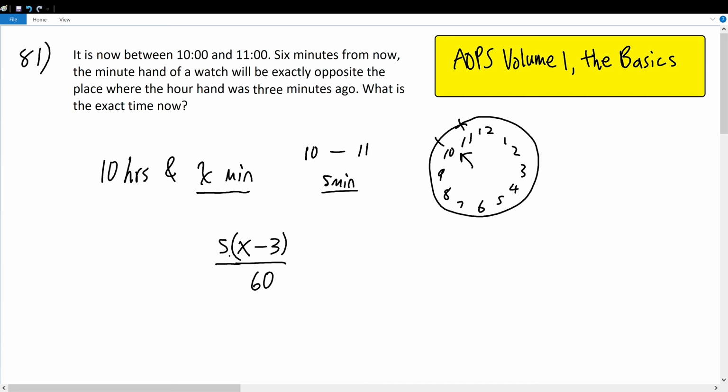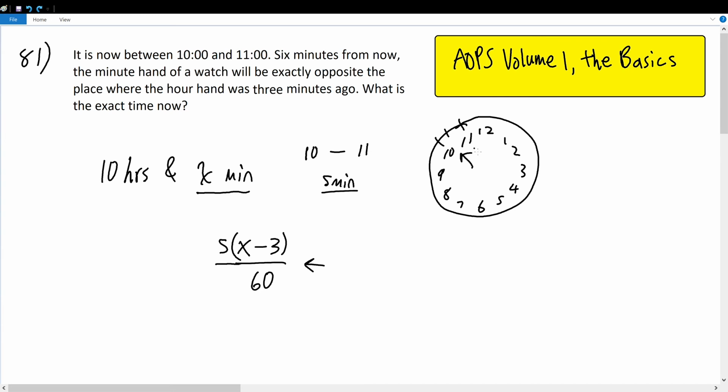And X minus 3 divided by 60 tells us exactly the position the hour hand was 3 minutes ago, but we want to find the exact minute that it was on, so we must multiply by 5 because we need to make sure that our units stay the same. We cannot divide hours with minutes because that'll throw us off and possibly mess up this question, which it definitely will. So this is where the hour hand is 3 minutes ago at the exact minute.